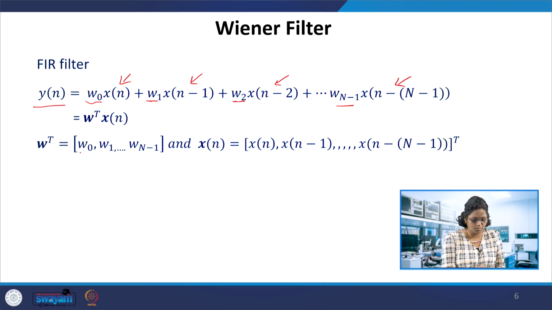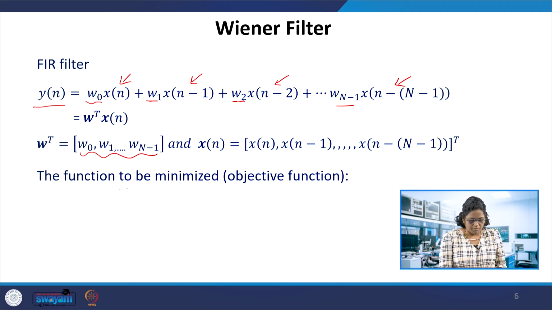Here W transpose is W naught up to Wn minus 1, and x of n is x of n, x of n minus 1, and so on. If you multiply these, you will get the y of n. So what is the function to be minimized, the objective function?